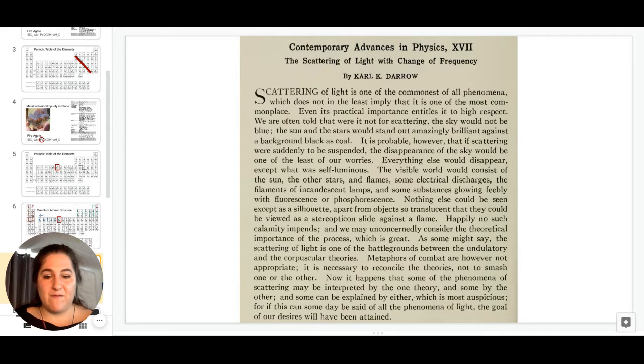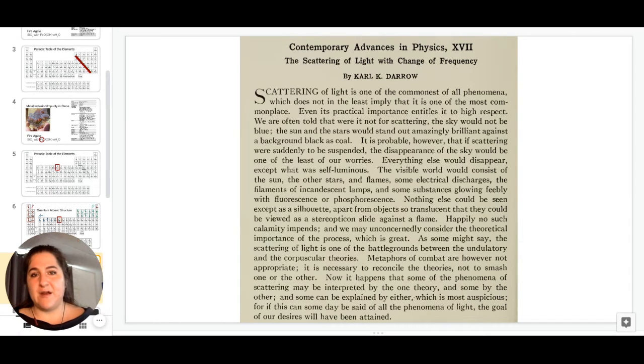Now it happens that some of the phenomena of scattering may be interpreted by one theory, and some by the other, and some can be explained by either, which is the most auspicious. For if this can some day be said of all of the phenomena of light, the goal of our desires will have been attained."